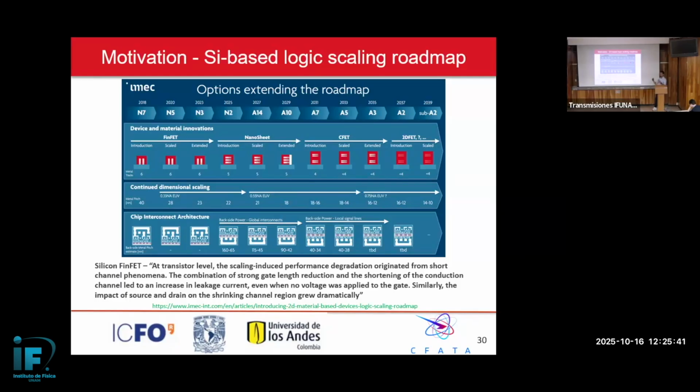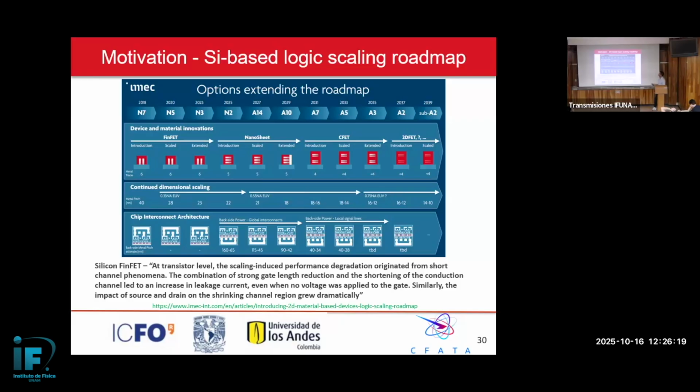But it turns out that if we want to make these FinFETs thinner and thinner, the problem is that we start having dangling bonds and quantum effects. That translates into a leakage current even when no voltage is applied to the gate. Okay, so that is a major problem because we are always in this quest of integrating more and more devices in a small area, right?